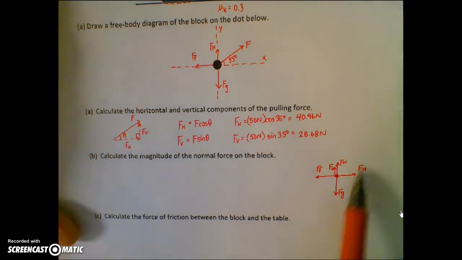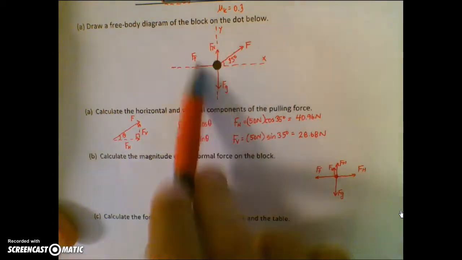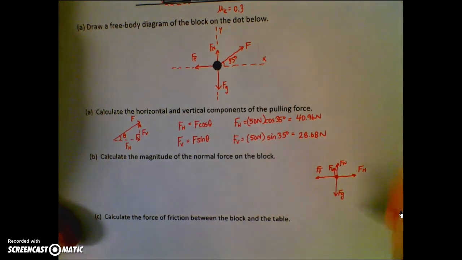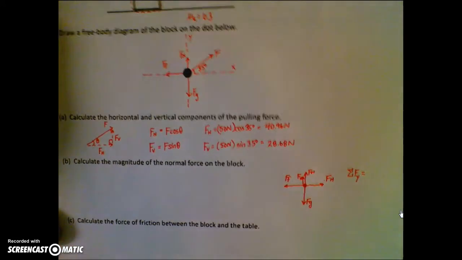Okay, and this is mathematically equivalent to this. Alrighty, now what I want to do is say, okay, what are my net forces? Well, I know my net force in the y direction is going to be the sum of my forces vertically.